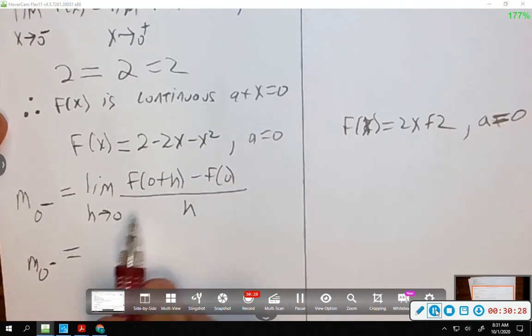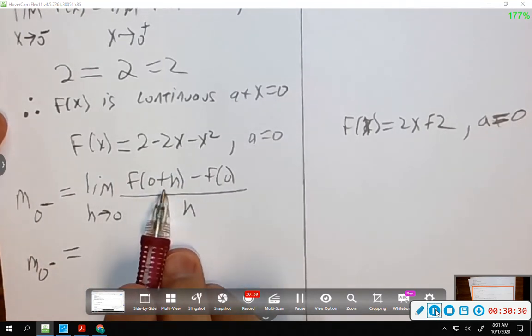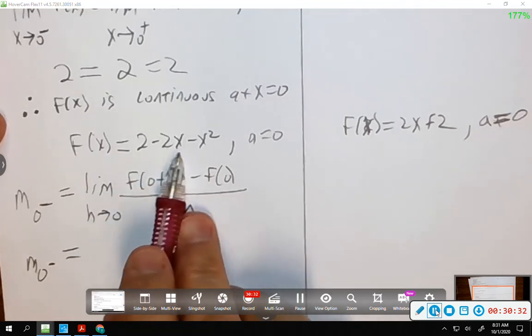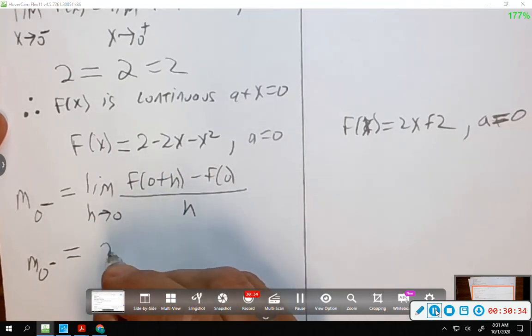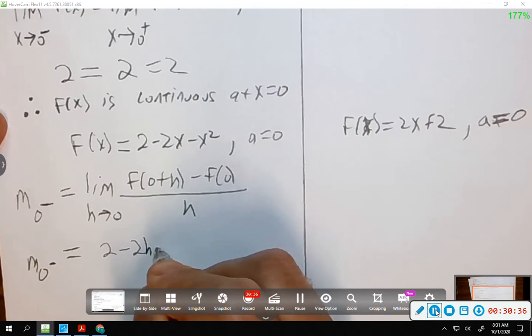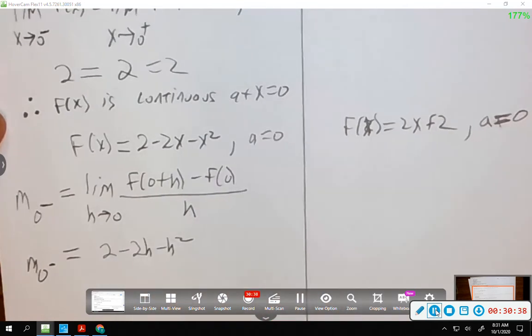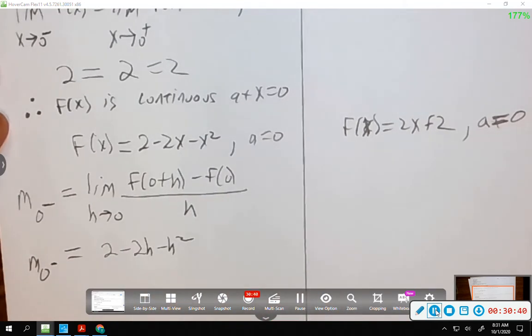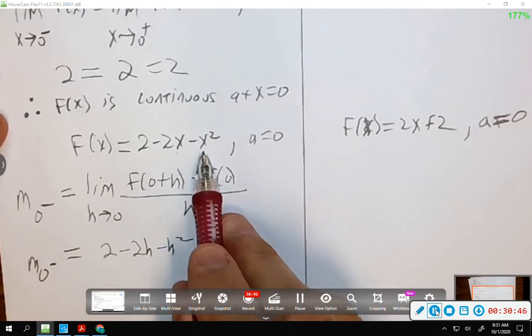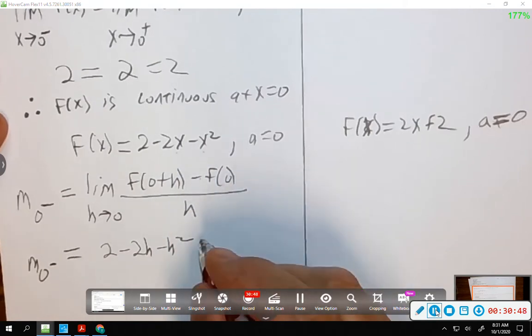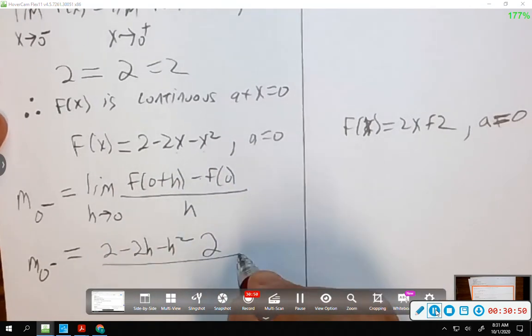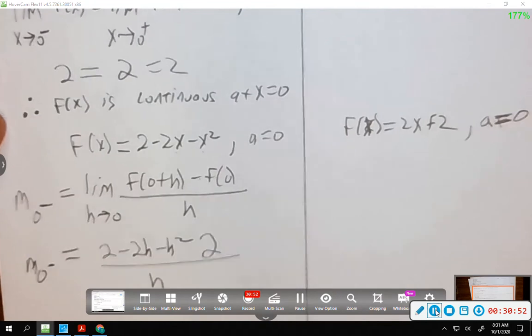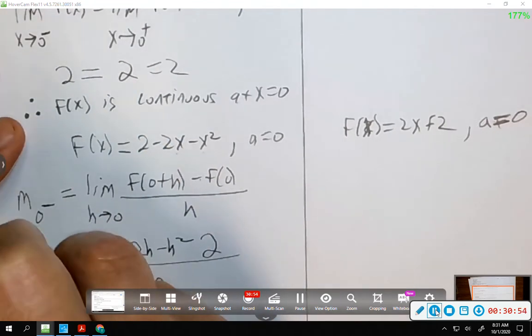Zero plus h is just h. And if I plug h into my f machine, here's what I get out. 2 minus 2h minus h squared, minus f at 0. If I plug 0 in, that goes to 0, that goes to 0. I'm just subtracting 2 all over h. I have to remember to keep my limit notation until I take my limit.